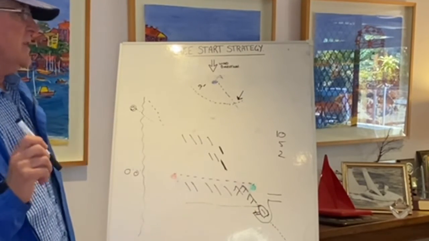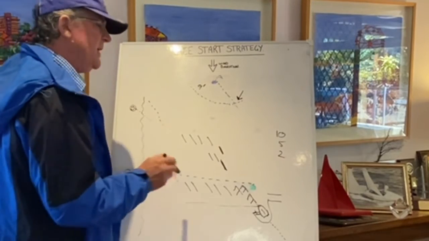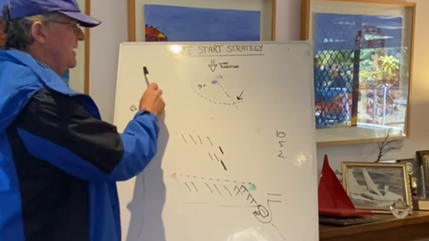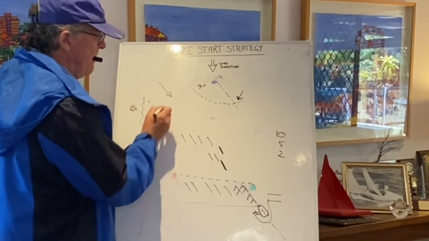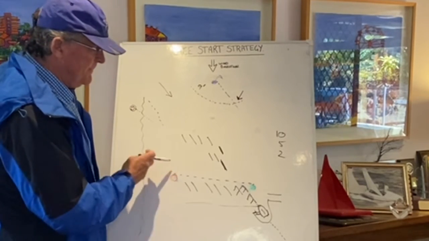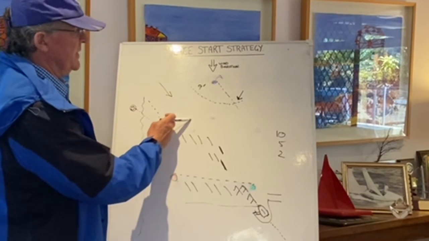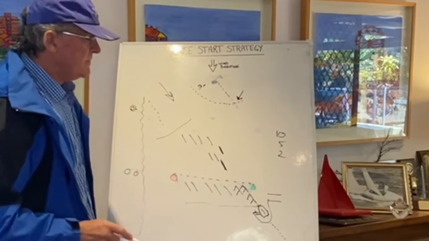The important thing is for you to work out prior to the start where you want to be halfway up the course. If there's a shift which is coming across on the left hand side, you'd probably want to start on this port lay line, coming across here and then tacking when you get the shift.